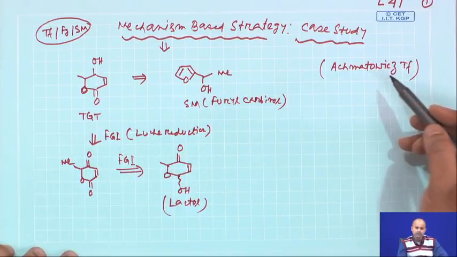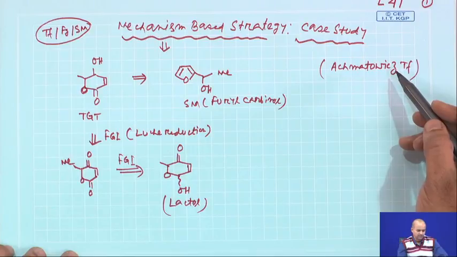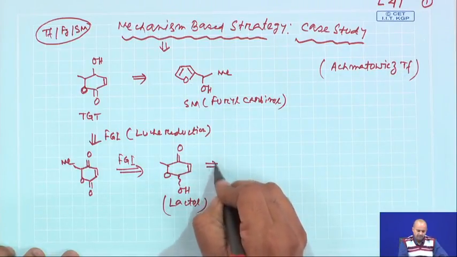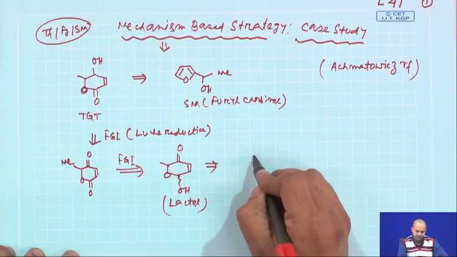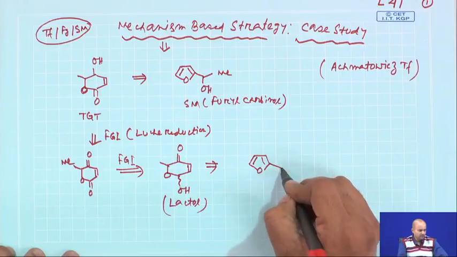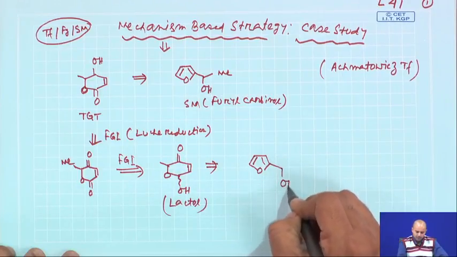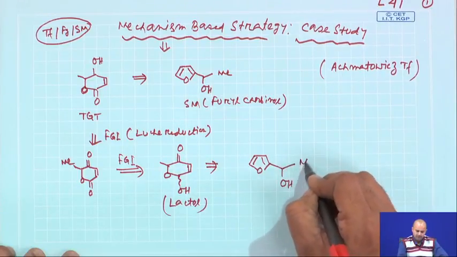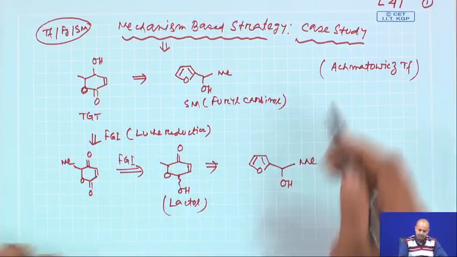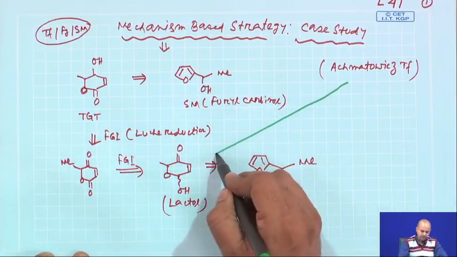Now, if you know the Achmatowicz transformation, you can correlate it here: this kind of furyl carbinol system undergoes oxidative rearrangement through this name reaction, the Achmatowicz reaction.